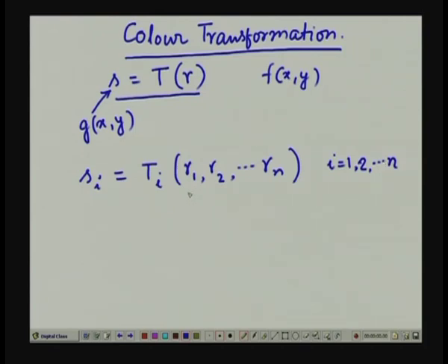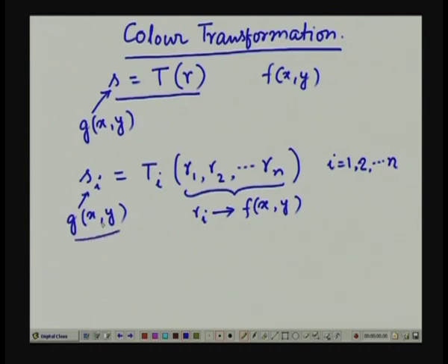Here we assume that every color is specified by a vector having values r 1 to r n. s i is a color component in the processed image g x y, and every r i is a color component in the input color image f x y.